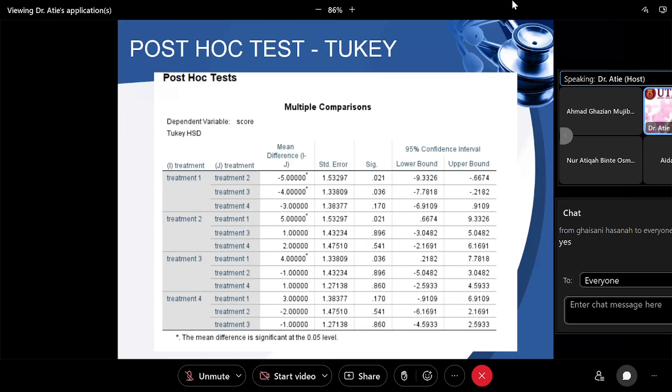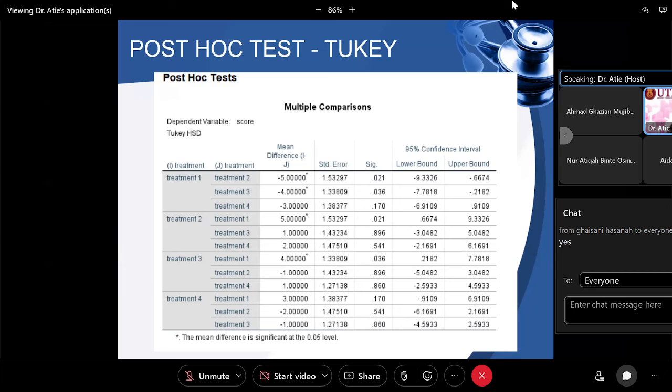Then you can cut it and glue it or staple it to your book. So at least you know this is all the figures, all the tables, all the outputs that you obtain from your SPSS. Okay, listen carefully.